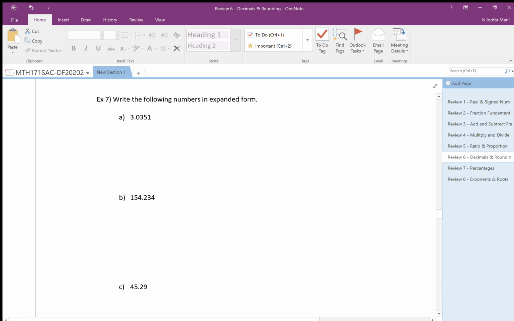How about B? 154 and 234 hundredths because of the 4 at the end. Then 45 and 29 hundredths, because it's just for the 9, right?